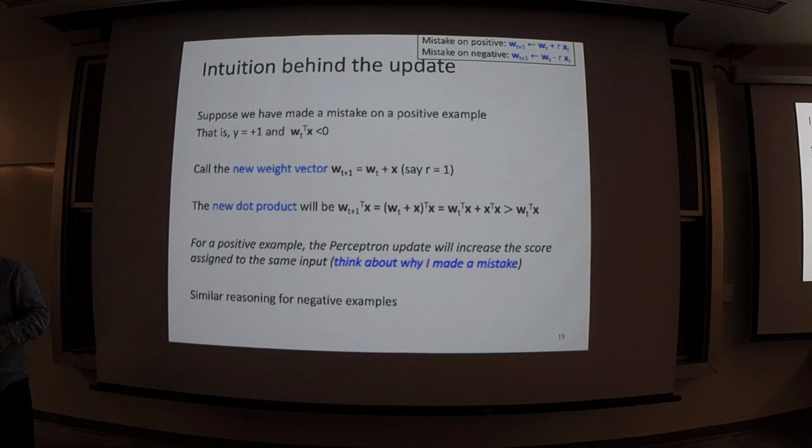Of course, we do not guarantee that just one decrease will put you below 0 so that you can correct the mistake. But you can imagine that if I make this mistake again, I keep decreasing until I successfully classify this negative example.